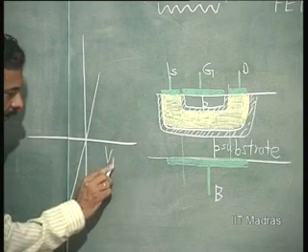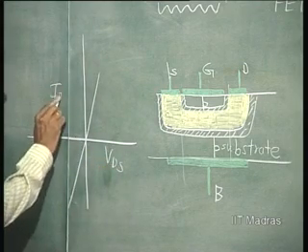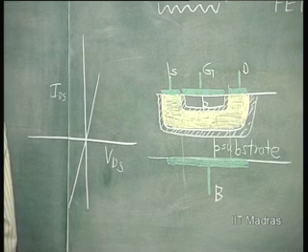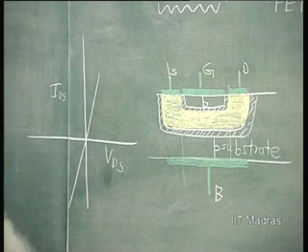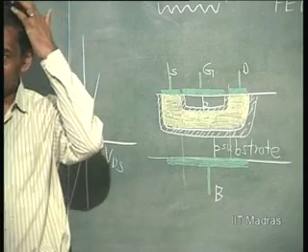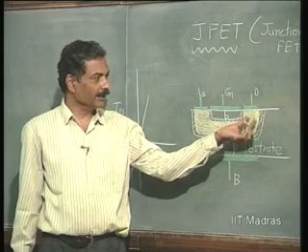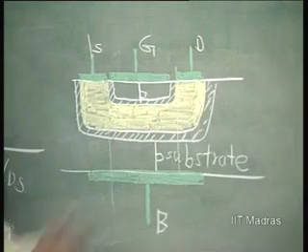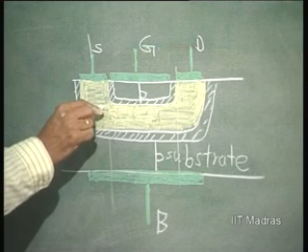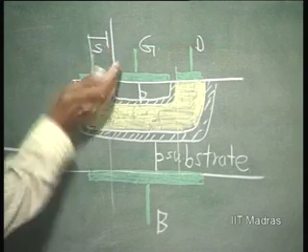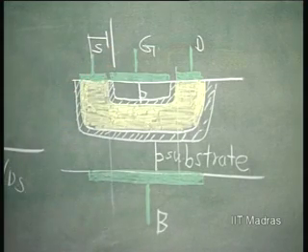Then once I start applying VDS, what should I do? In order to close this channel width here, I have to extend this depletion layer width here. So, please remember this is N. How do we reverse bias this junction?